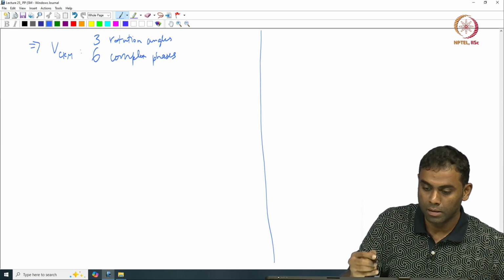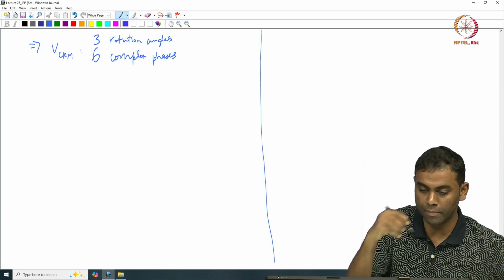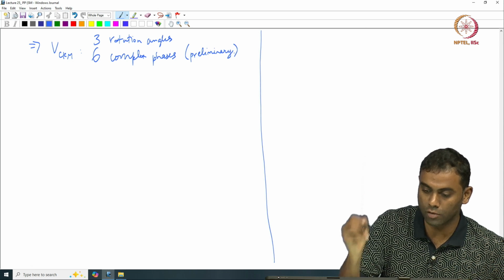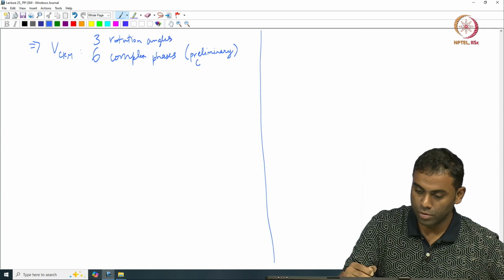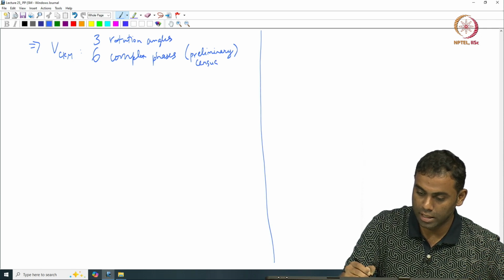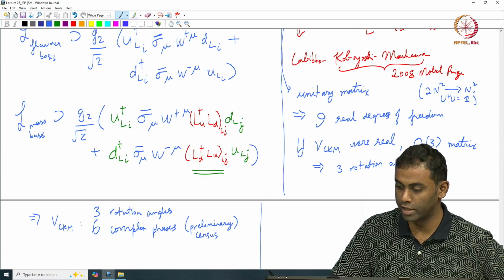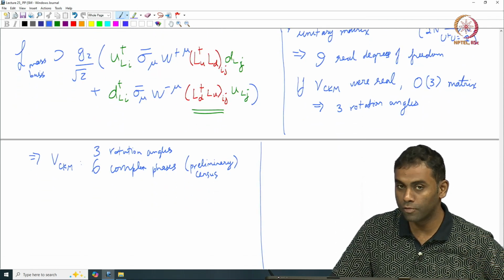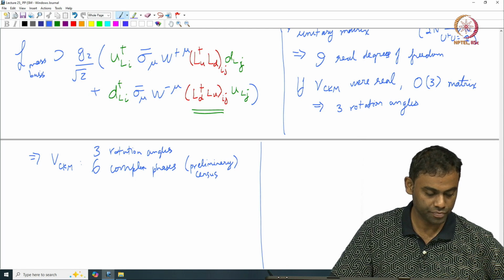But this is not the complete picture yet. At this moment, this would be your preliminary census of the degrees of freedom. But you still want to ask what are the physical degrees of freedom that you can actually observe.